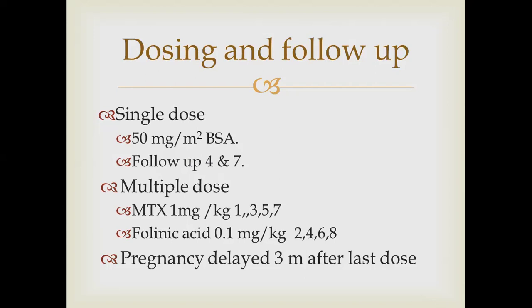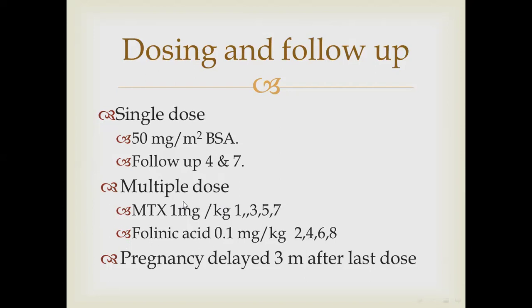If the decline is less than 15%, I regard this as failure of treatment and another course is needed, and then the cycle is repeated. Another course, day 1, is regarded as a new day 1, then repeat beta HCG also at day 4 after the second dose and day 7, and compare the decline in beta HCG.